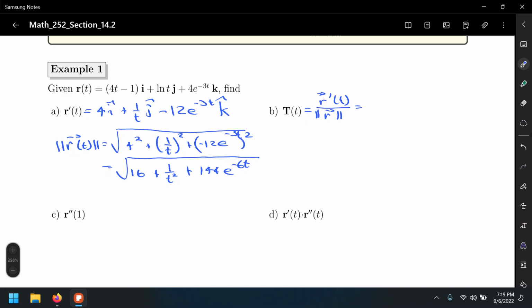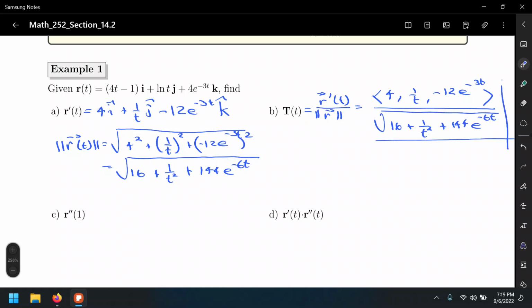I'm going to change these to component form, so you will see me going back and forth this time between the linear combination of ijk and vector components. So that's going to be the vector 4, 1 over t, negative 12 e to the negative 3t, and we divide by the magnitude, which is this crazy radical here, the square root of 16 plus 1 over t squared plus 144 e to the negative 6t.